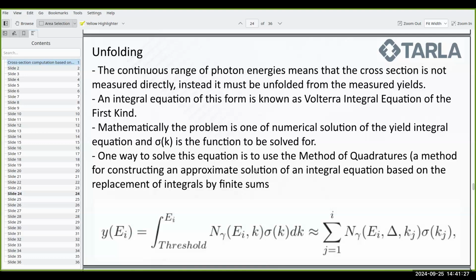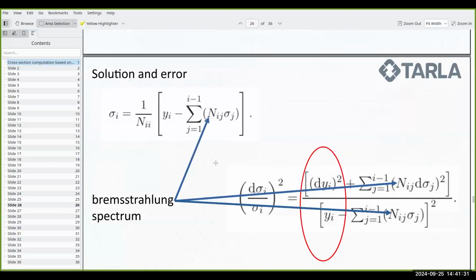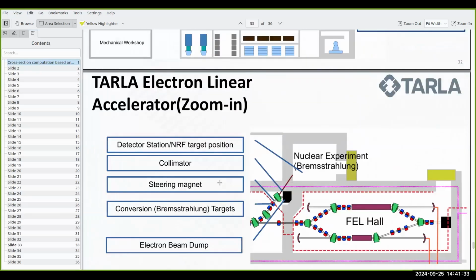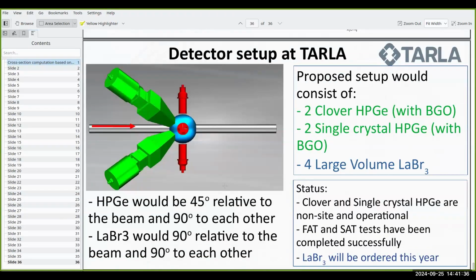Thank you. If there are no more questions, I have one more comment. Currently, Tarla has completed its 20 MeV part of the accelerator, and we hope to complete the 40 MeV in the next 9 months to a year. So in about 6 to 9 months, we will be looking for quite a few students for experiments.